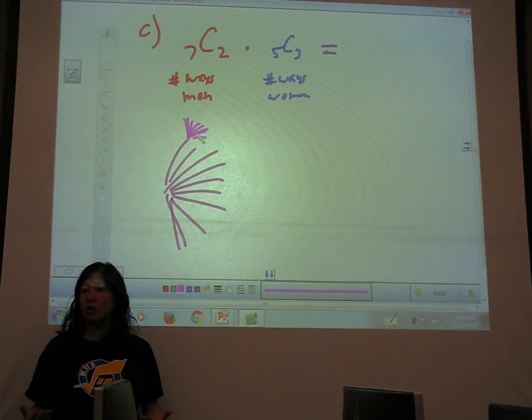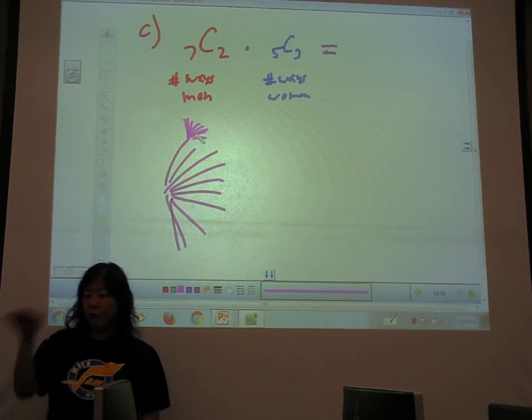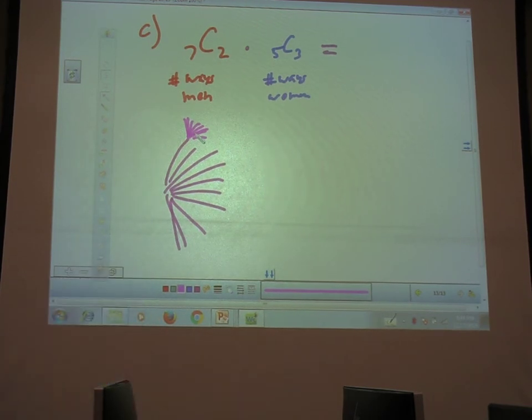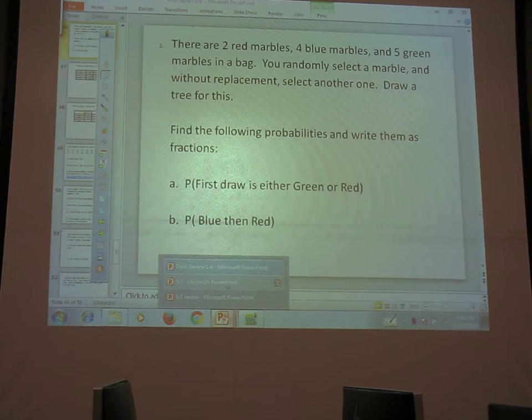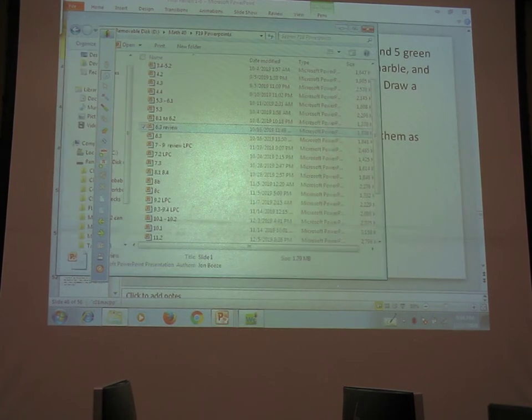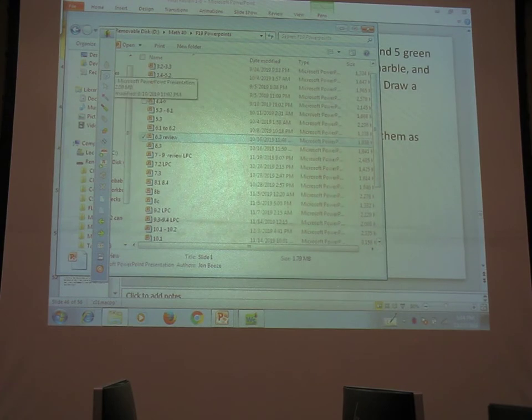It's just like a regular tree. You guys remember that tree? And the choose is the way to bypass drawing the tree, right? Like the 5 choose 2.